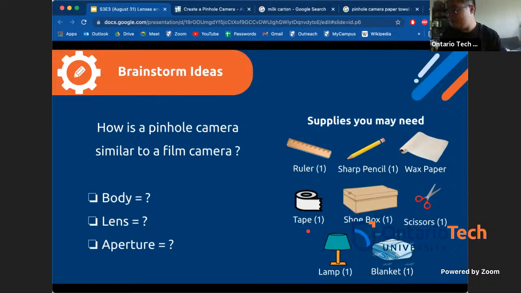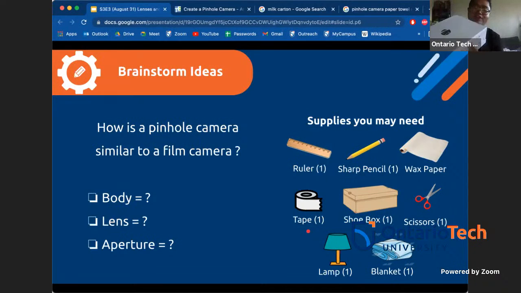We have tape, scissors, or maybe a box cutter in order to create the lens, or the way to view the image. And the most important thing here is the box. I have this big shoe box over here. You can use any kind of box that you have, as long as you're able to cover it and there are not really any holes around it.